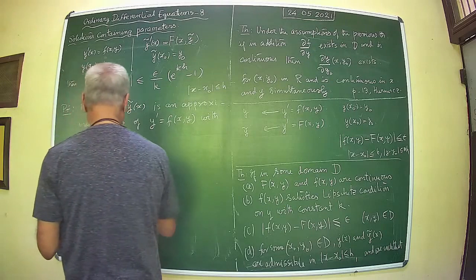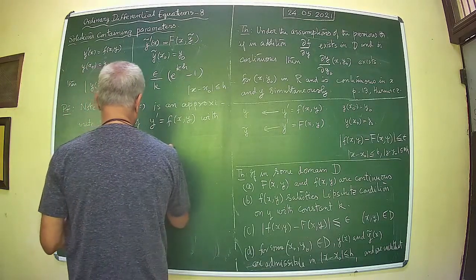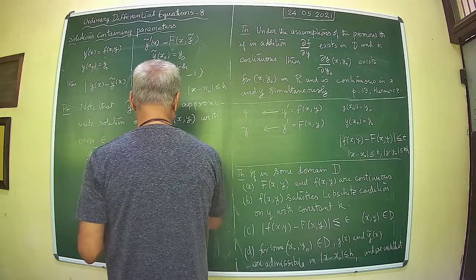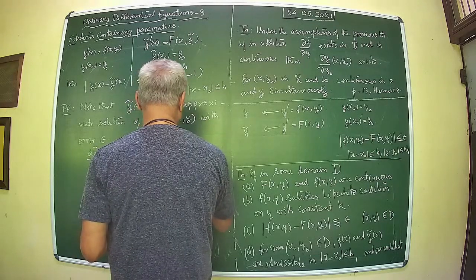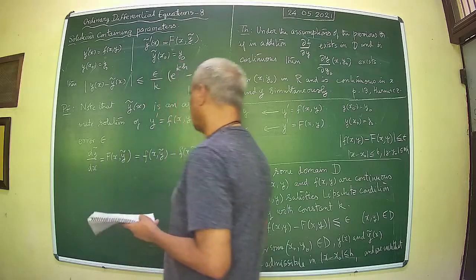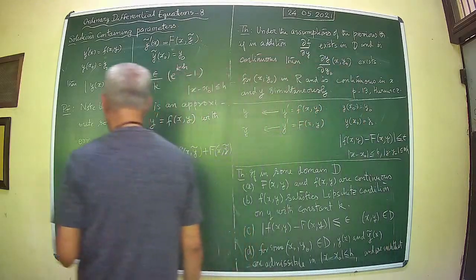Now this you write as f of x, y tilde minus F, and add and subtract these two terms. Okay, then what do you get?